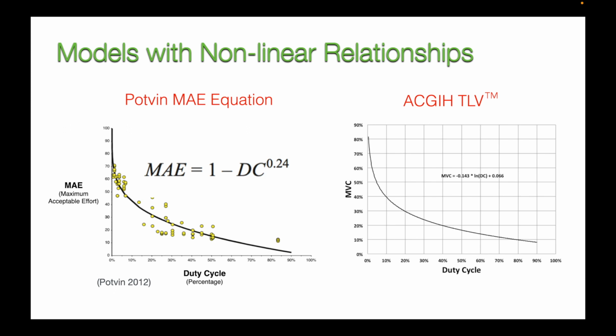You can see it's not a straight line, and with the MAE equation, for example, it's duty cycle. At a lower duty cycle, or percentage of the time force is applied, it's acceptable to have a higher MAE, or maximum acceptable effort. So if you're not doing something as much, you can apply a higher force.